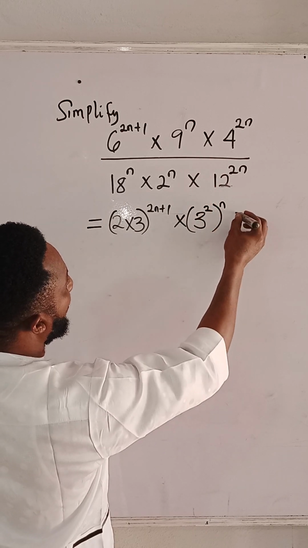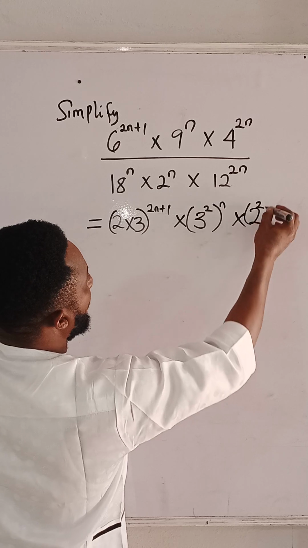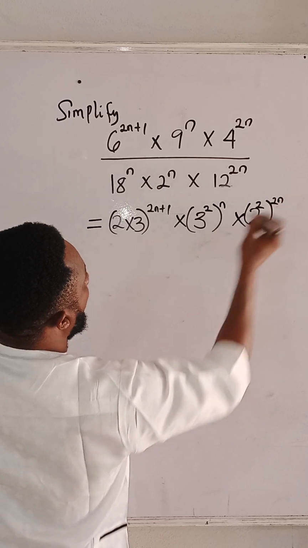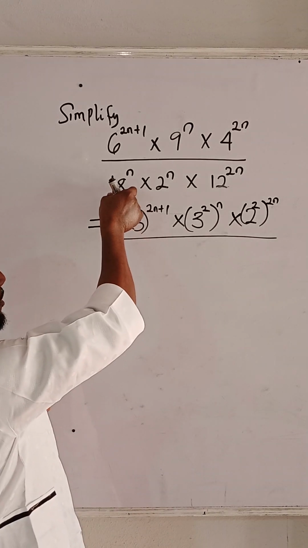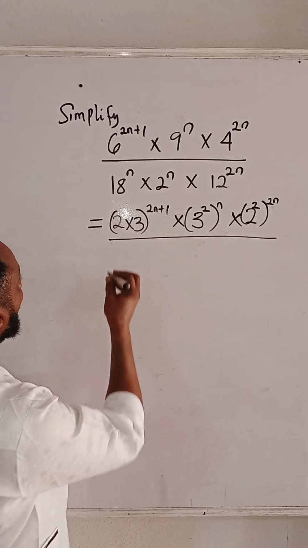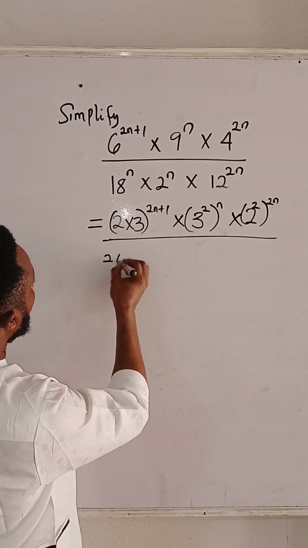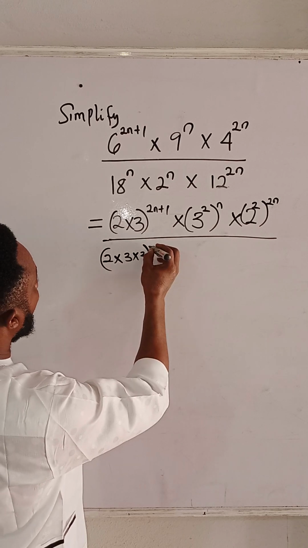If you express 4 in its lowest base, that will be 2 raised to the power 2. All divided by... Now, if I express 18 to the power of n in its lowest base, that will be 2 times 3 times 3 raised to the power of n.